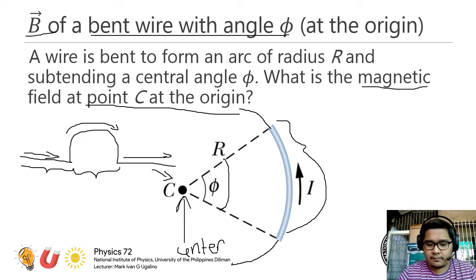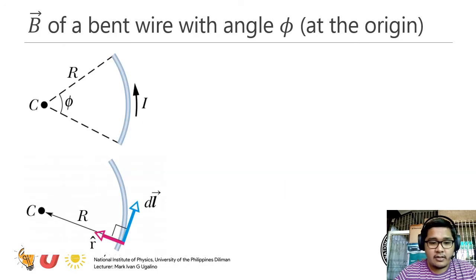Now, how do we obtain it? We can define an R hat and a DL for this system.